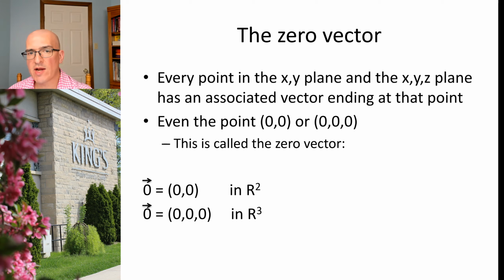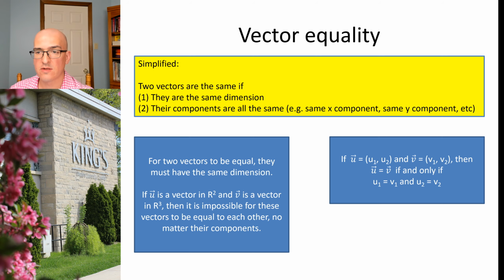It's 0 with an arrow above it, and the number of components depends on the dimension that you're in. In 2D, the zero vector is 0, 0, and in 3D, the zero vector is 0, 0, 0. We actually need the zero vector quite a bit. We'll refer to it with great frequency.